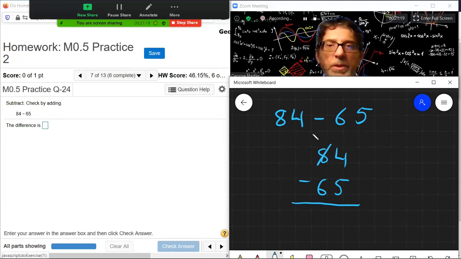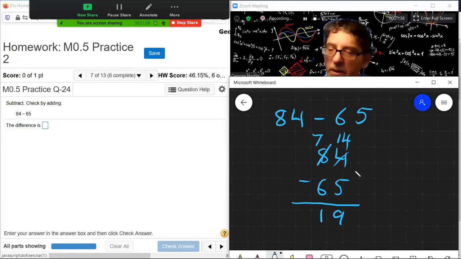The 8 becomes a 7. The 4 becomes a 14. And this 14 came from the fact that we borrowed 1 from the 8. So this is a 14 now. So 14 minus 5 is 9. Then 7 minus 6 is 1. So the difference is 19.